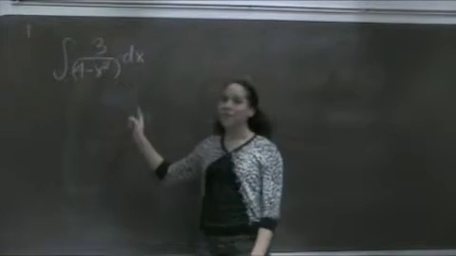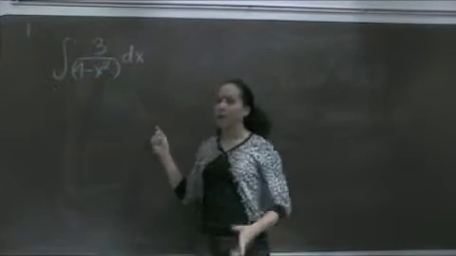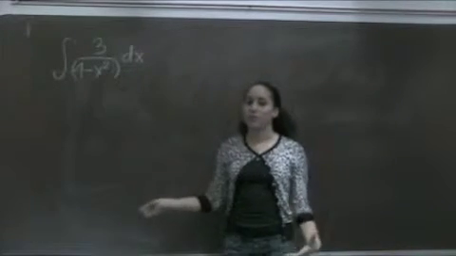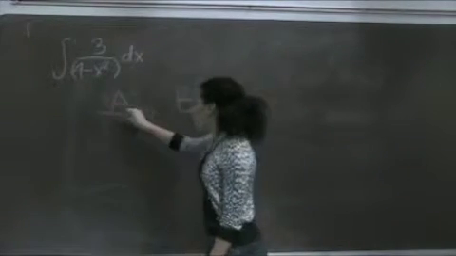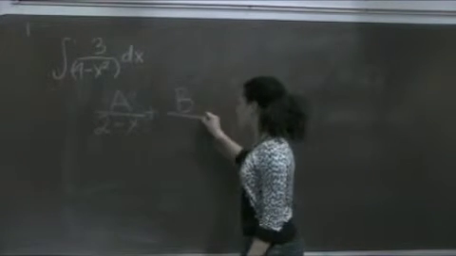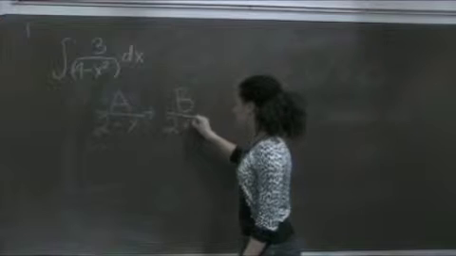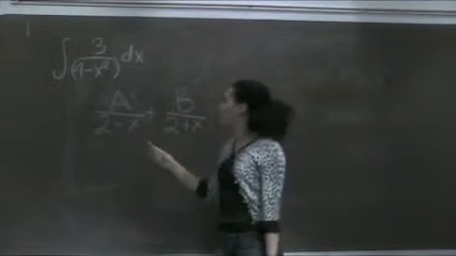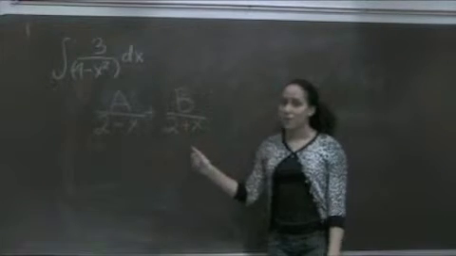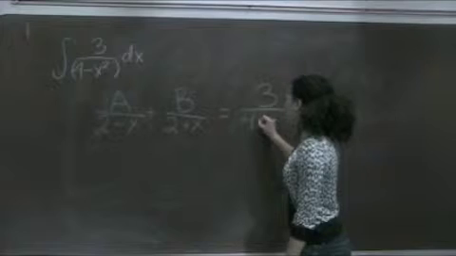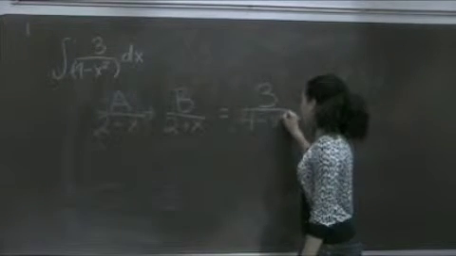Okay, so when we have a polynomial that looks like this, what we want to do is break it up into two fractions that we do know how to solve the basic forms of. So on the A side, we have 2 minus x in the denominator, and 2 plus x in the denominator of the B side, equal to 3 over 4 minus x squared.